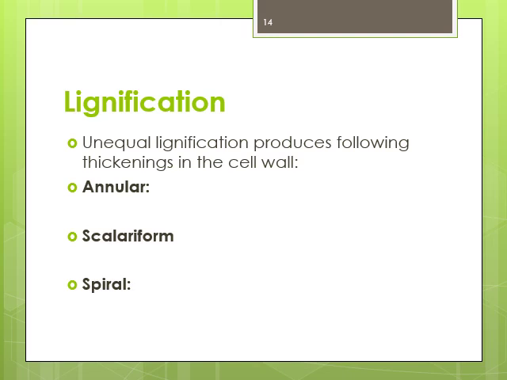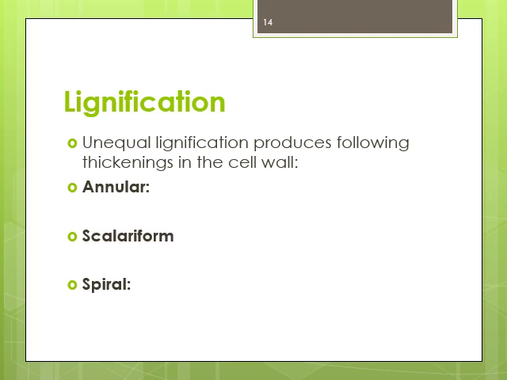The first one is annular. These are ring-like thickenings, and in this case rings of lignin are deposited one above the other. The second one is scleriform. These are ladder-like lignin thickenings. And the third one is spiral. In this case thickenings are arranged in spiral bands.